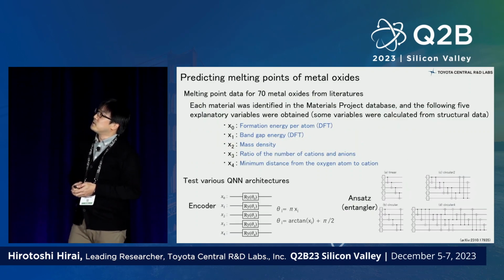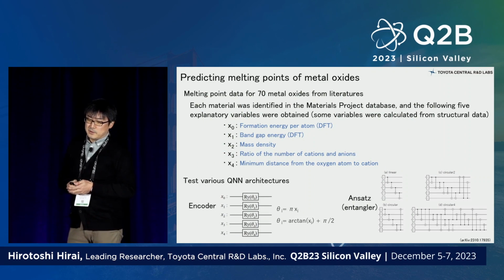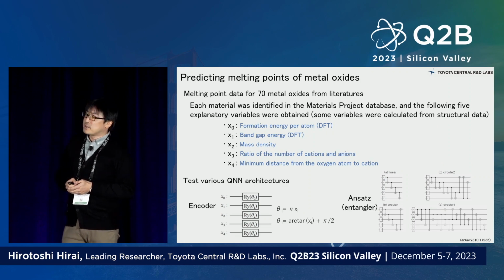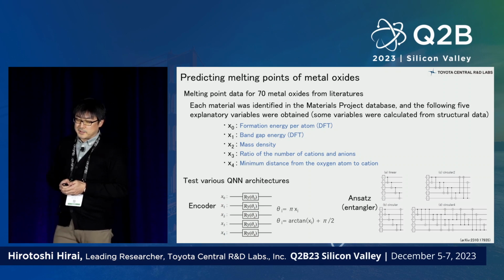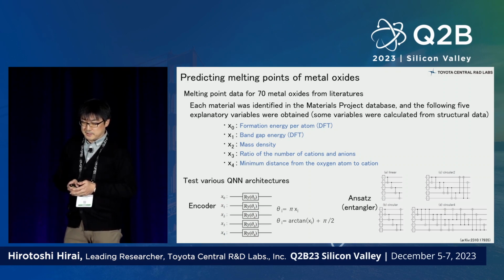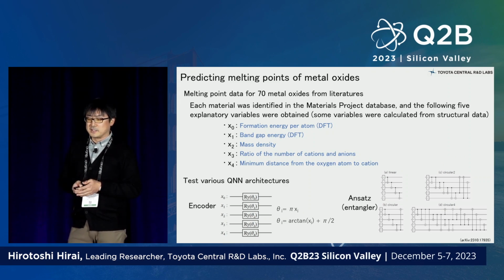To demonstrate that, we made a QNN model to predict the melting point of metal oxides. We use metal oxides as supports for exhaust gas purification catalysts, and because the temperature of exhaust gas is very high, durability against temperature is very important for us.